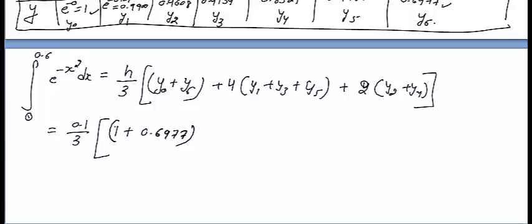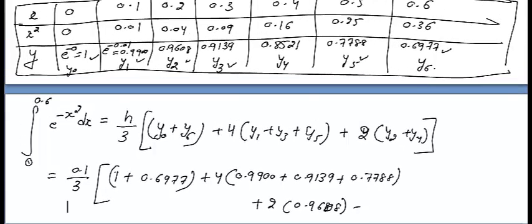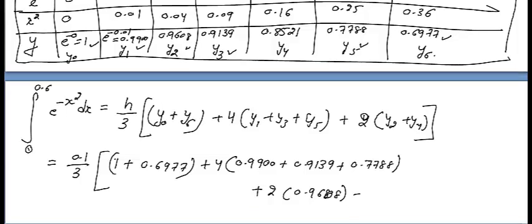0.6977 plus 4 into y1 is this one, 0.9900 plus y3, it is 0.9139 plus y5, it is 0.7788 plus twice of y2. y2 is 0.9608 plus, just hold on.